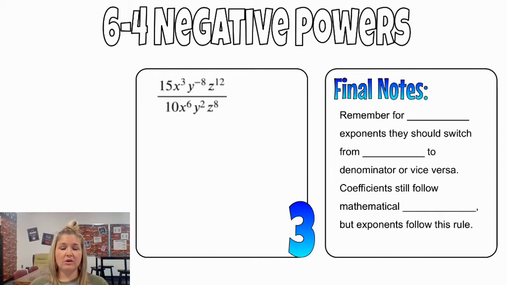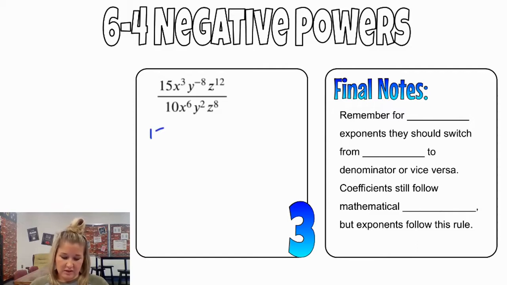Okay, so here you'll see we are going to divide. And so remember when we divide, we divide the coefficients, and then we subtract the exponents, and then we'll have to do some rearranging if we have any negatives. All right, so let's look here.